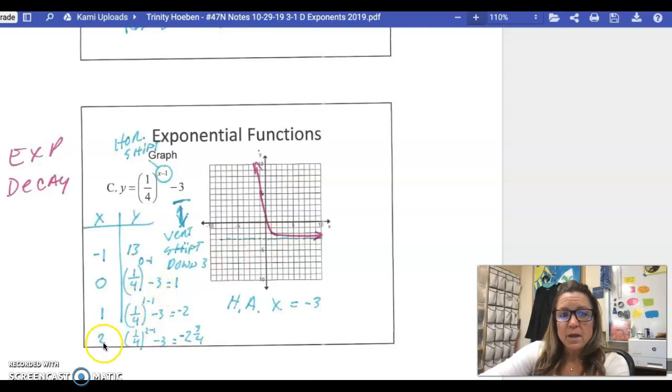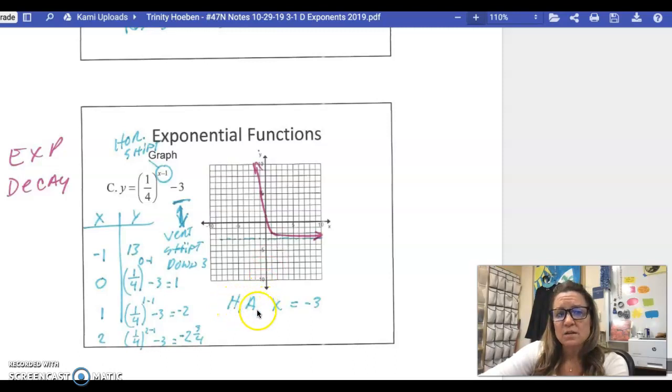And then if we plug in a 2, 2 minus 1 is 1. 1/4 to the first power is going to get you a fractional answer, or if you're doing it on your calculator, a decimal, so -2 3/4. So you're just going to approximate. So here's 2 to the right, and then down 2 3/4. So put roughly where it would be.